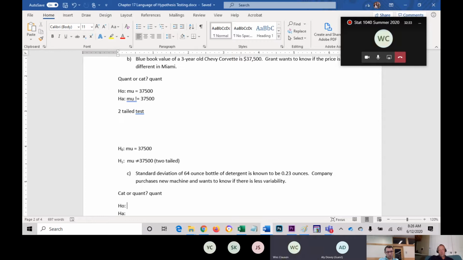Because it has a standard deviation, like they have one that's known to be 0.23 ounces. Okay. And what's 0.23? So you think that's the mean? Yeah. Oh wait, no, that's the standard deviation. No, the mean is 64. Okay. So what's the null hypothesis?